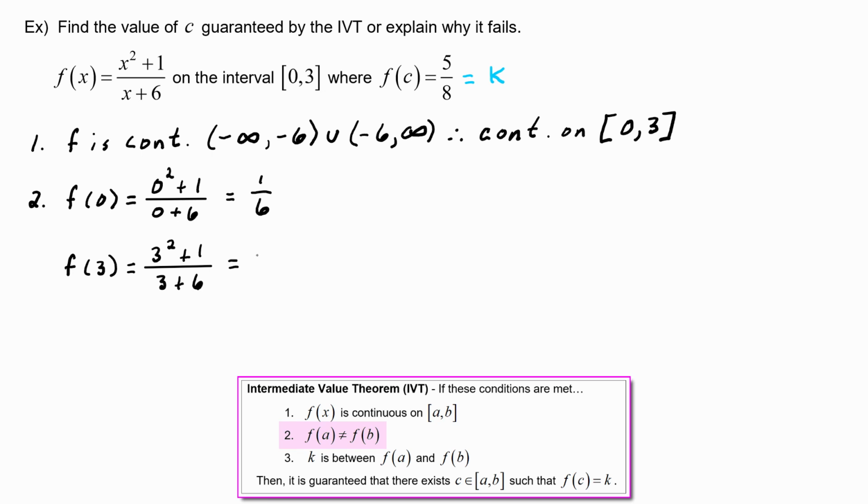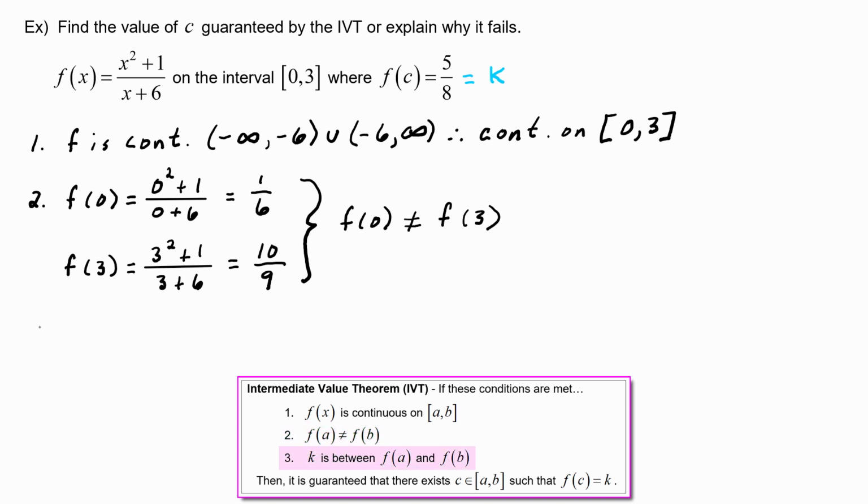And so that's equal to 10/9. And certainly these are different values, so we are able to say that f of 0 does not equal f of 3. So that satisfies step 2.